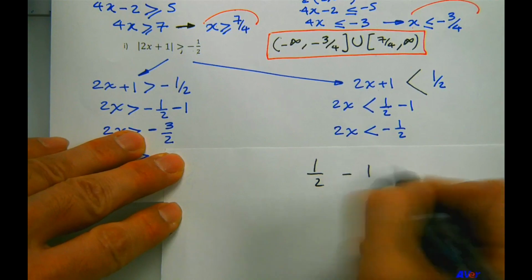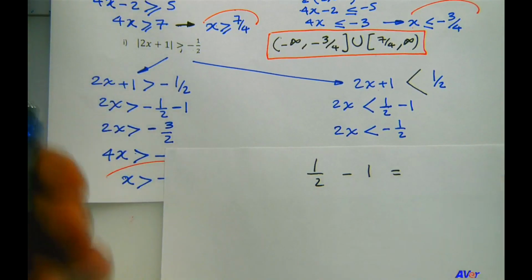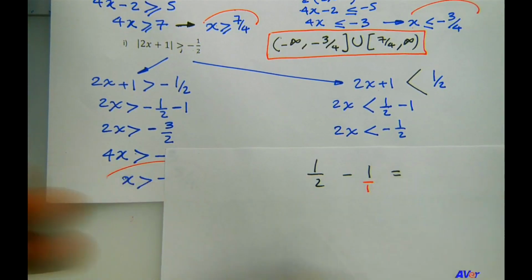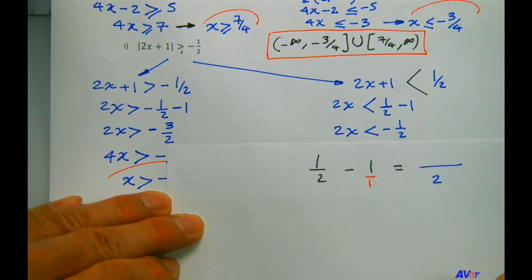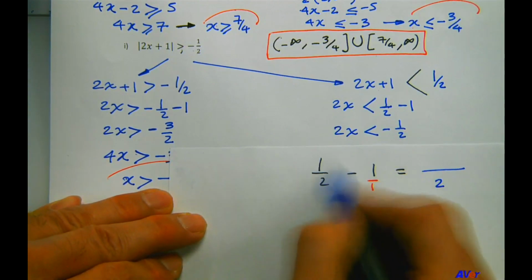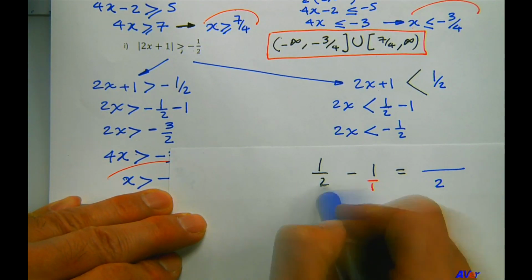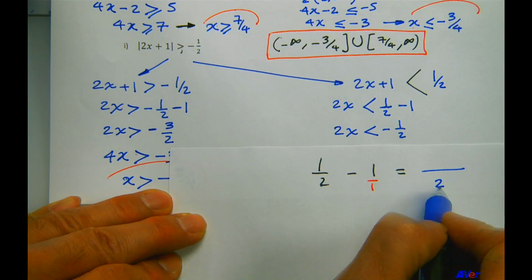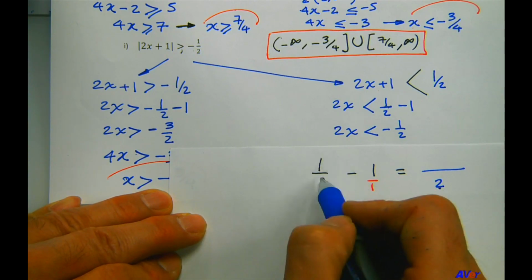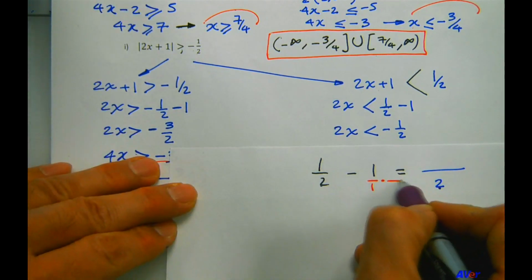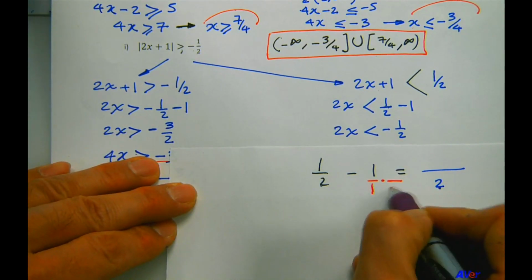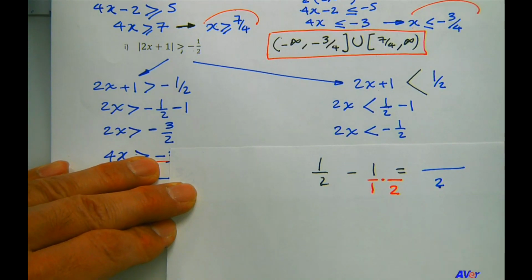1/2 minus 1 equals, the denominator of 1 is 1. Now, what's the common denominator as we subtract these? The common denominator is 2, right? So this fraction is okay because it's got a denominator which agrees with the common denominator. We don't have to do anything to this fraction. How about this one? Well, that one is a different story. We got to multiply the denominator by 2, right?